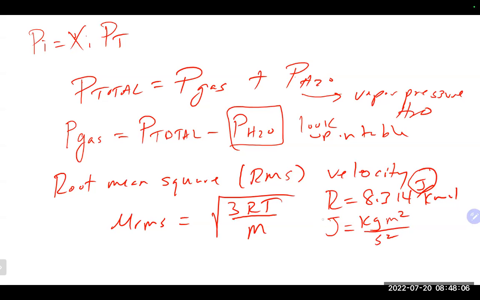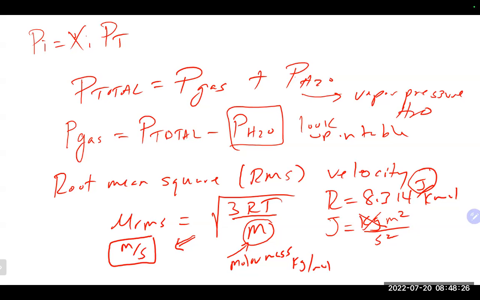What that means is that technically the molar mass, which is down on the bottom, does need to be in kilograms per mole so that this will cancel out. When we use this formula, meters per second is typically the unit we end up with. Any questions on any of that stuff we talked about?